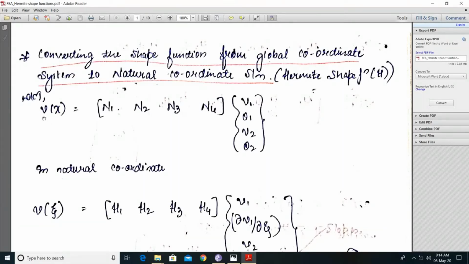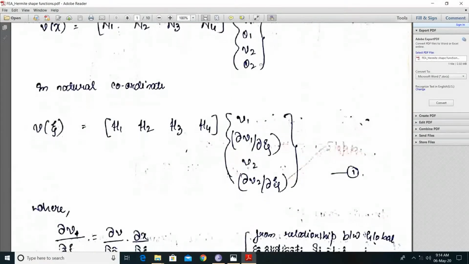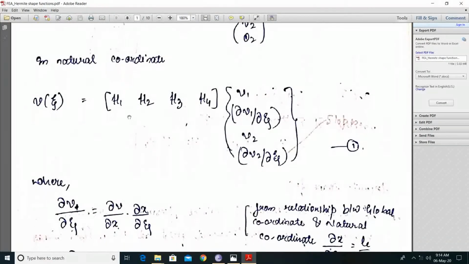So we know v of x, from the last derivation, v of x equal to N1, N2, N3, N4, and this is your displacement matrix. These are the transverse displacements and slopes at node 1, and these are the transverse displacements and slopes at node 2. So when you write it in terms of natural coordinate xi, that is v of xi, we get H1, H2, H3 and H4.